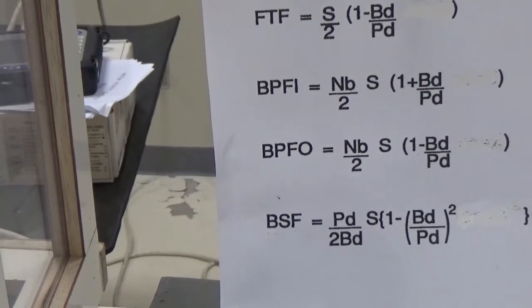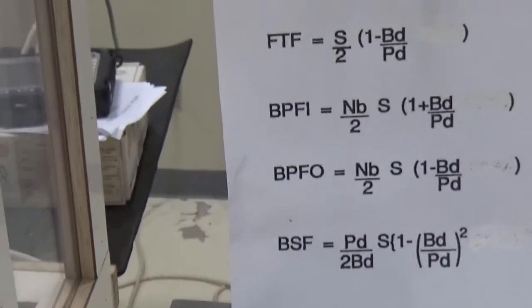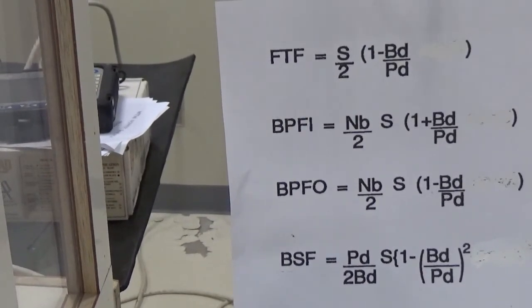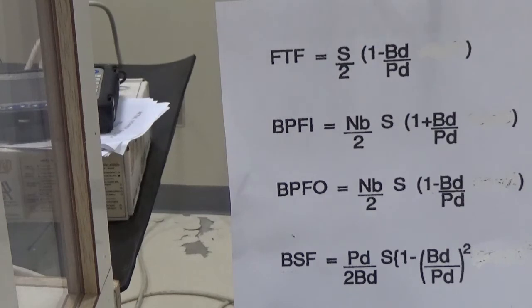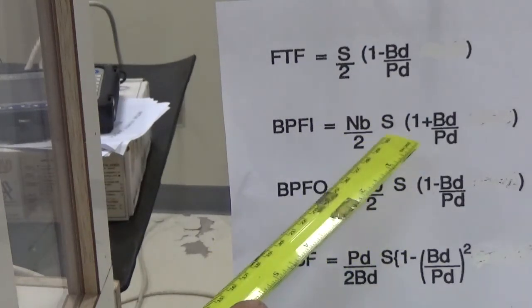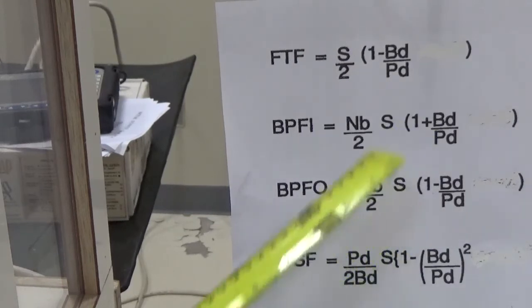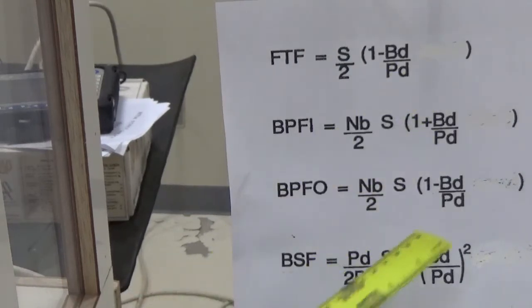Okay, so from these formulas you can calculate these different frequencies. Again, you can see here, NB is number of balls, S is the speed, revolutions per minute, BD is ball diameter, PD is pitch diameter.